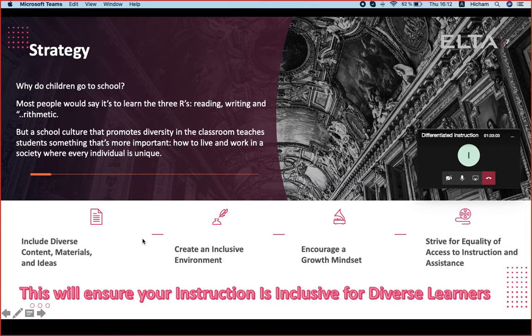Later on, encouraging the growth mindset. This is one of the things that is very, very important, for the teacher to encourage the growth mindset, the understanding of the different skills, the understanding of being unique and being different at the same time. One student is different from the other.